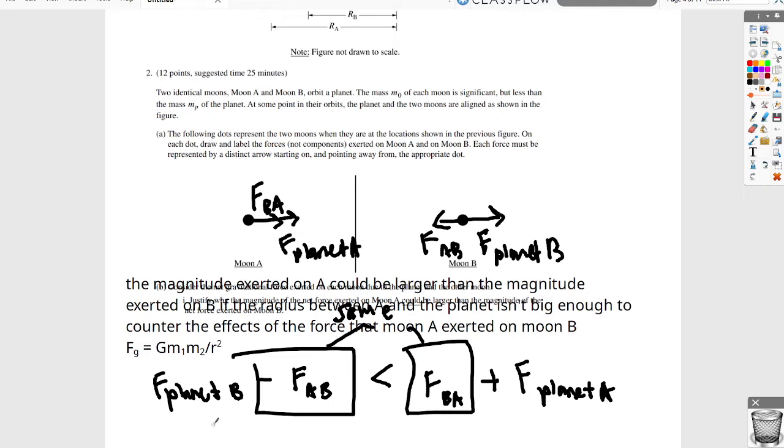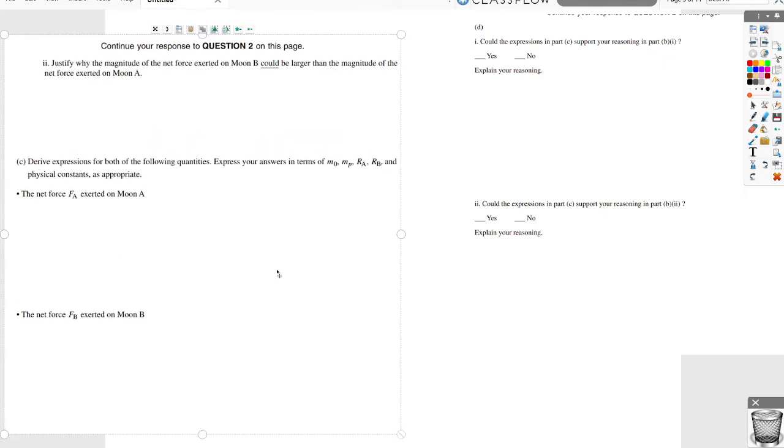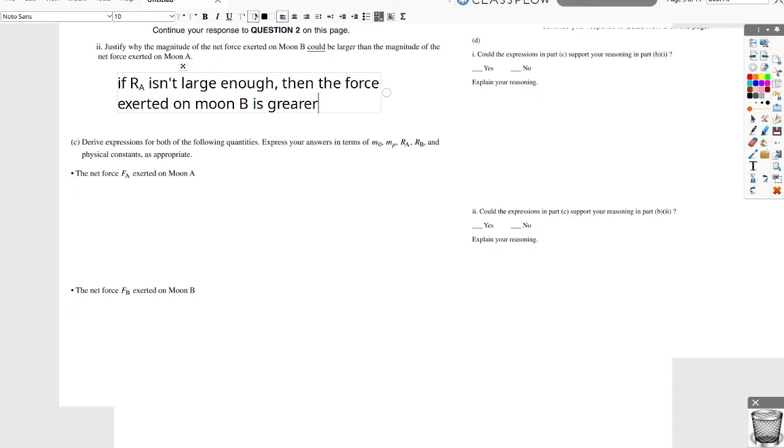So this happens if RA is big enough. Similarly, if RA isn't large enough, then the force exerted on moon B is greater than on moon A.